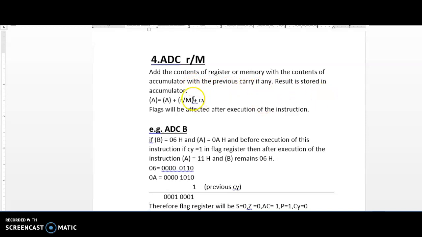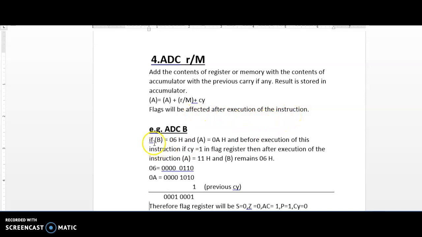So the result is again stored in the accumulator, and the general format is: accumulator contents will be affected by the answer. How? Accumulator plus register or memory contents plus whatever was the carry. The flags will be affected after execution of the instruction.